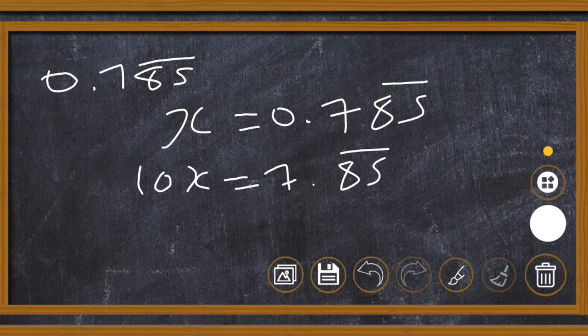Now, remember we have 85 here, which is a repeating figure. So it has covered how many? 2. So in this case then, we are going to multiply with what? With 100, since it has covered 2 figures.